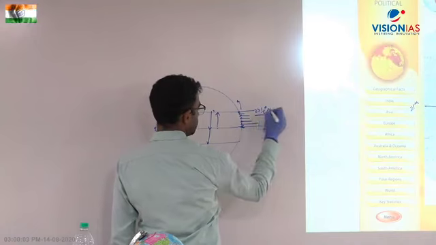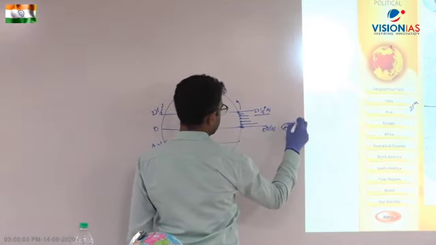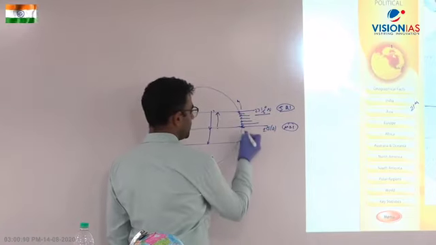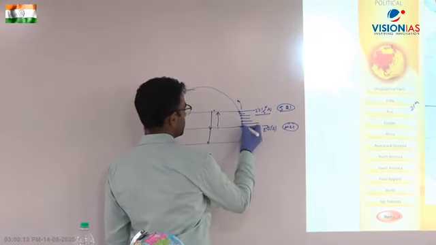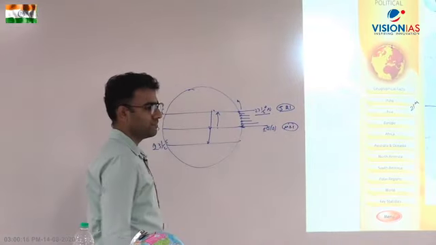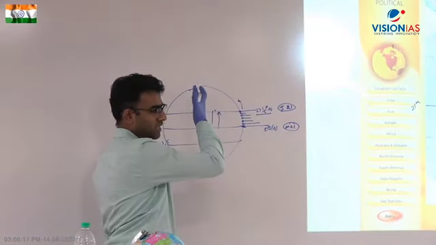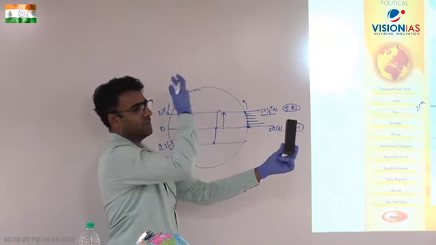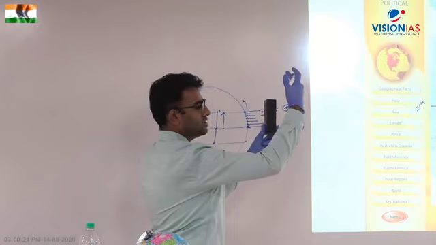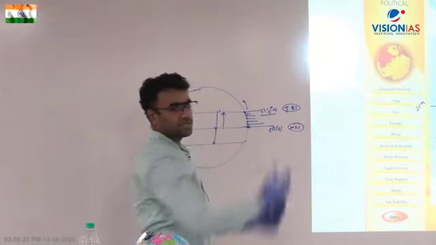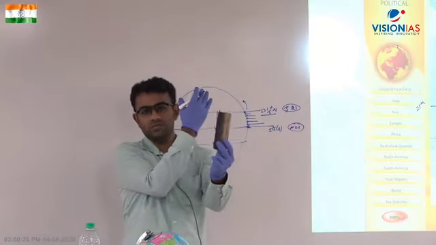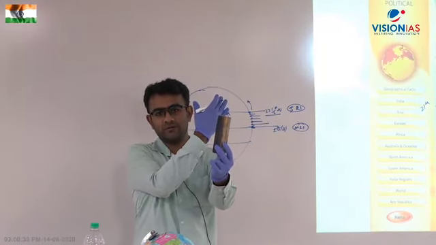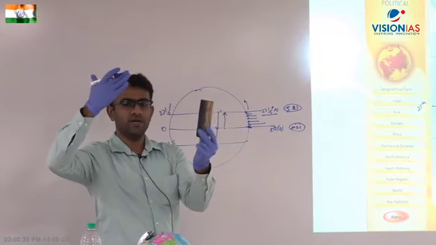So this is March 21, and this is June 21. From March 21 to June 21, the sun's position would change from here to here. Because at this position it is tilted neither towards the sun nor away from the sun, and it is moving from here to here. In this position it is tilted to a maximum extent. So this is the sun. On March 21 it is neither towards the sun nor away from the sun, but here it is completely towards the sun.